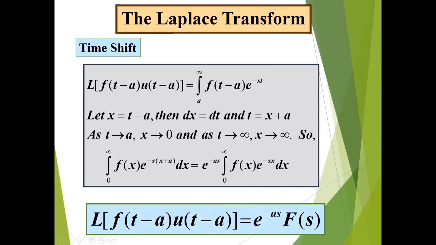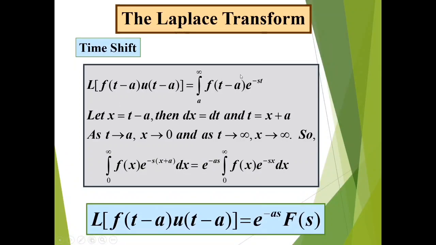Now the time shift formula: L of f of t minus a into u of t minus a. We set the formula as the integral from a to infinity, because time is shifted, of f of t minus a e power minus st dt.